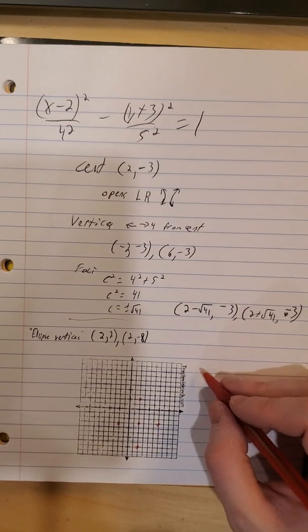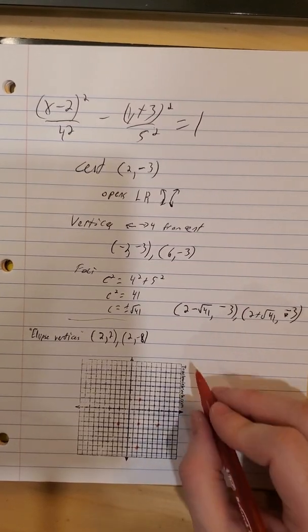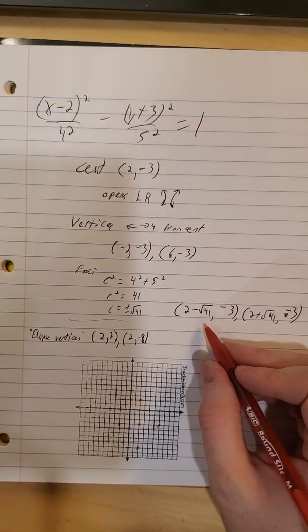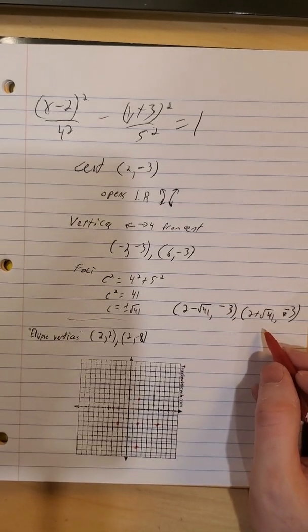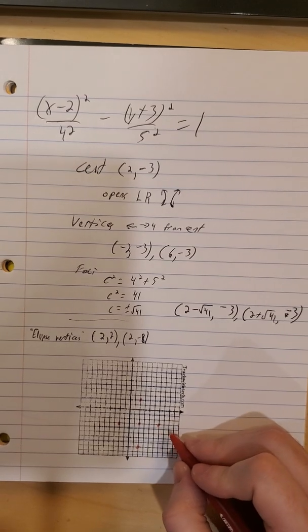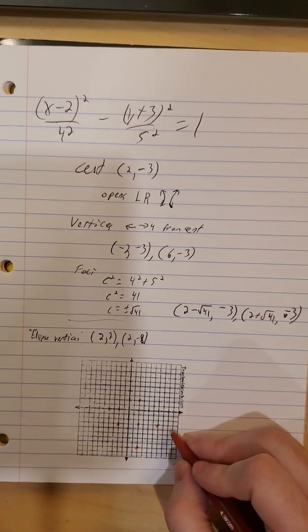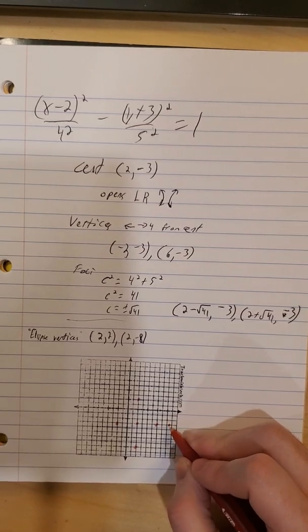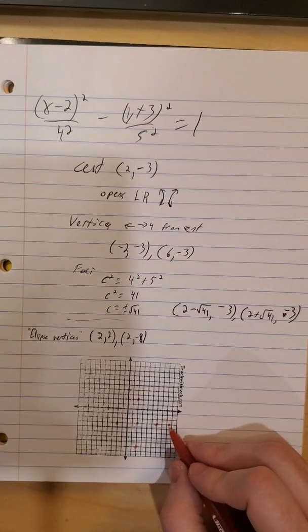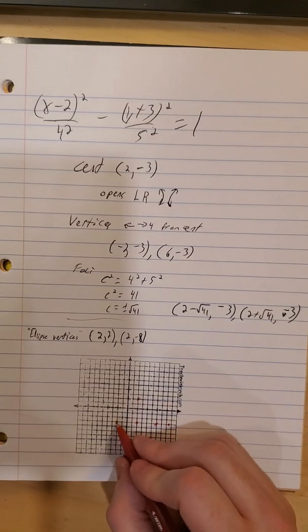And we do have our foci. Root 41 is about 6.40. So 2 plus 6.40, 8.40. And we're staying at negative 3. So here's 8. Here's a little under 8.5. And then about the same distance out on the other side.